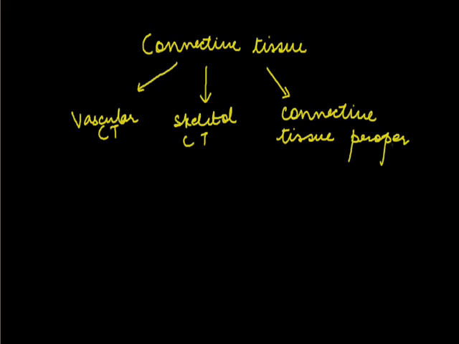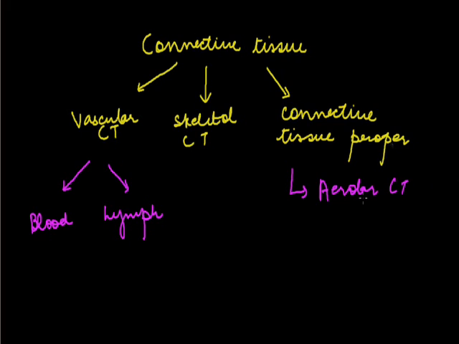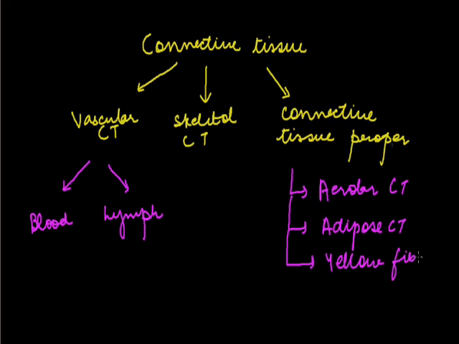Now coming on to the further subclassification of it, the vascular connective tissue is divided into blood and lymph, and the connective tissue proper is divided into areolar connective tissue, adipose connective tissue, yellow fibers, and the white fibers.